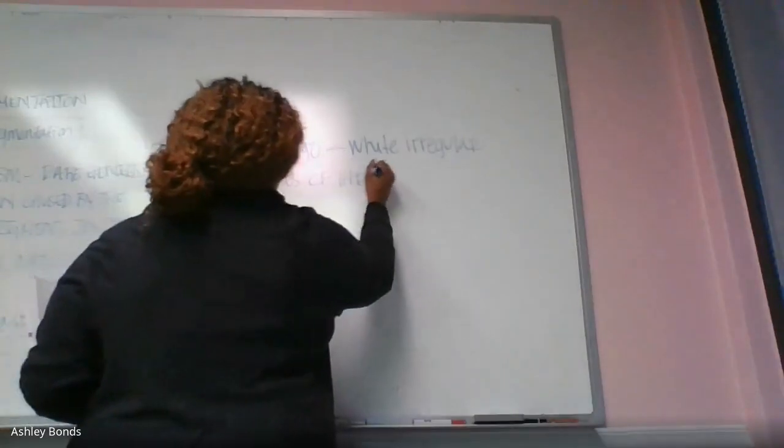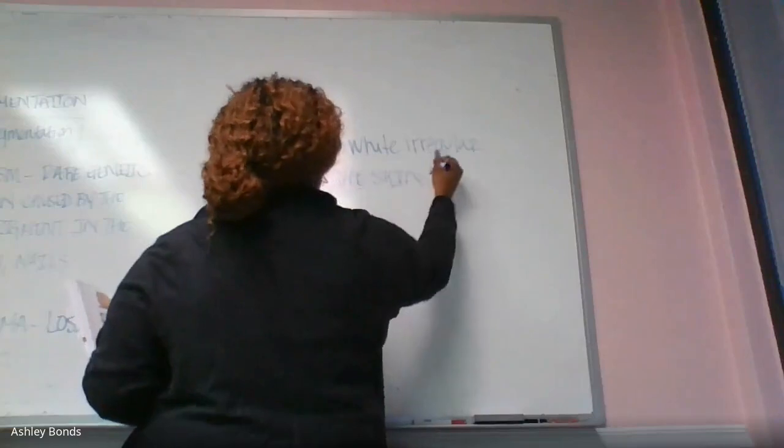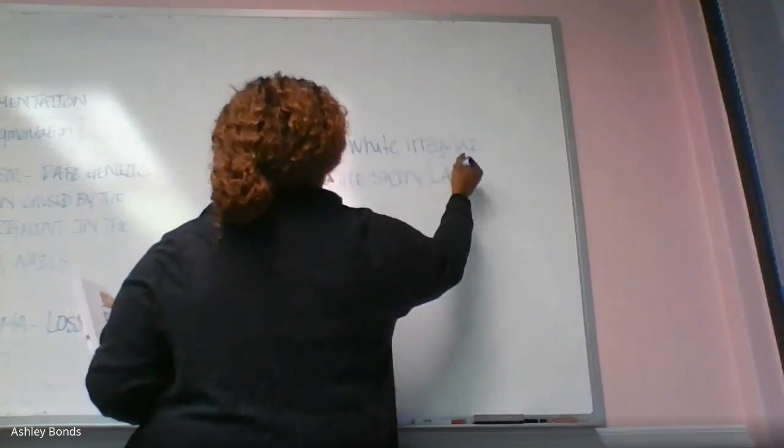And albinism, and vitiligo is a form of leukoderma.